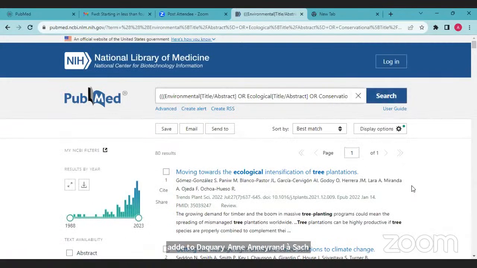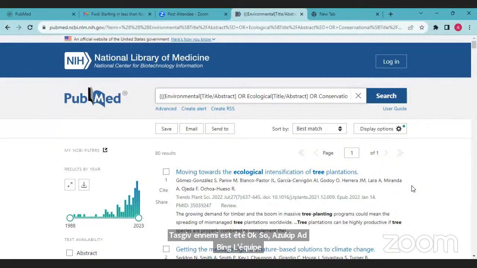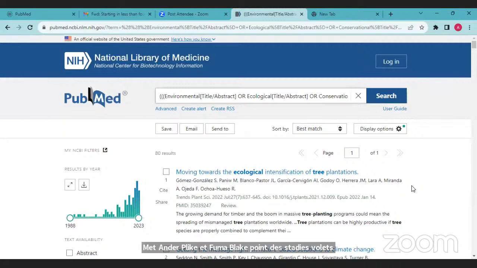It has given me 80. Okay, so as you keep adding, they keep reducing, isn't it? As you add concepts, it reduces. So you may end up like, if you have like 20 studies, for example, in PubMed, remember, you are going to have to search 3 or more databases.